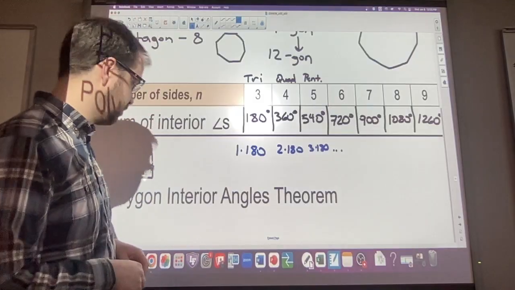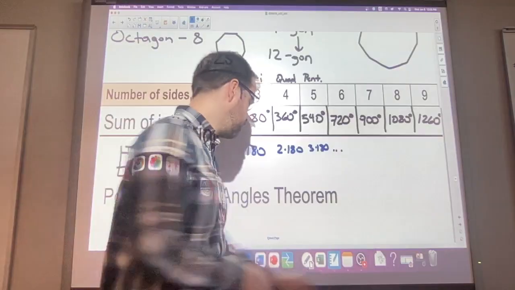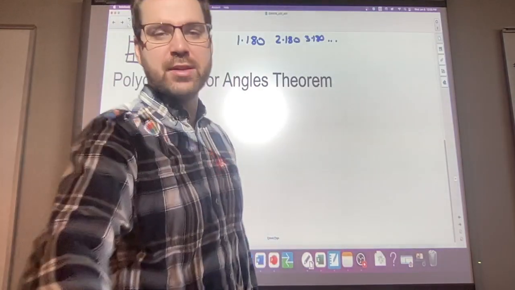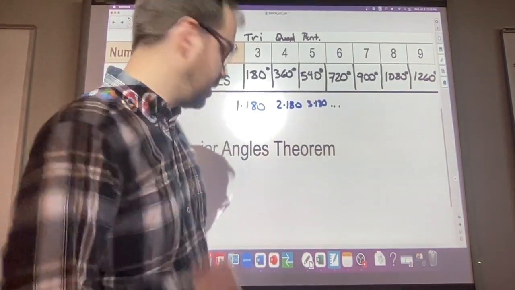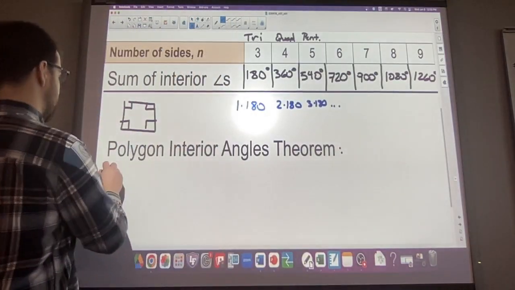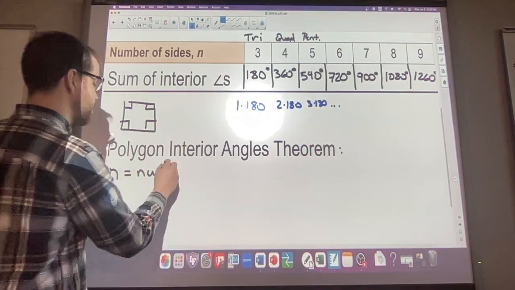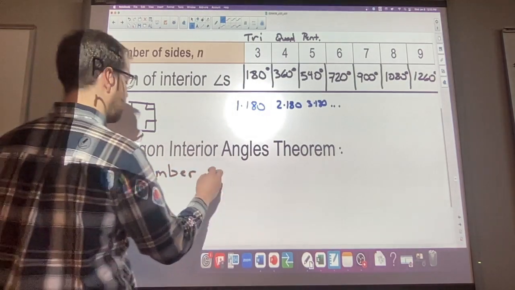So let's say this. We're going to write the polygon interior angles theorem. You have to know why your textbook writes it the way it does. First thing you need to know is that for this theorem, n is the number of sides of the shape. So a triangle would be 3, quadrilateral would be 4.